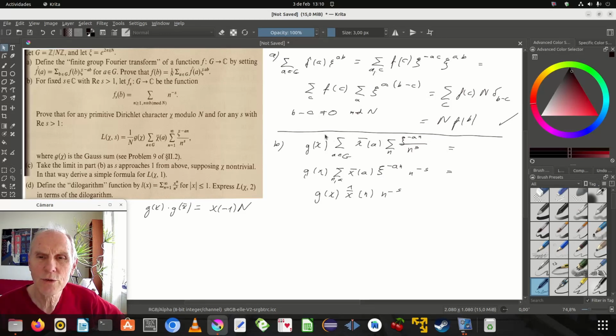Another idea is to use the definition of G based on, now what's this called? Zeta? Xi. It's Xi. And then reduce that.